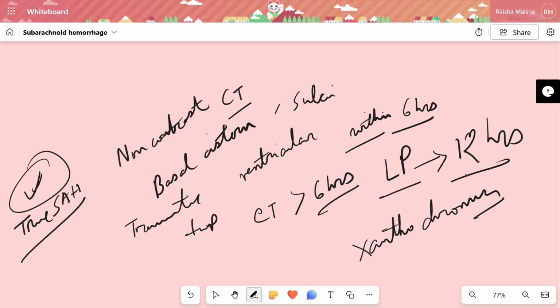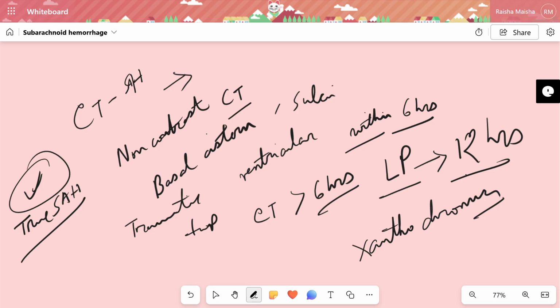If CT scan shows subarachnoid hemorrhage, refer the patient to neurosurgery. You need to refer the patient to neurosurgery.